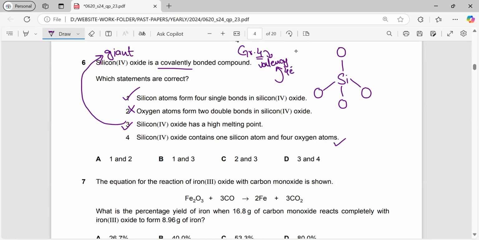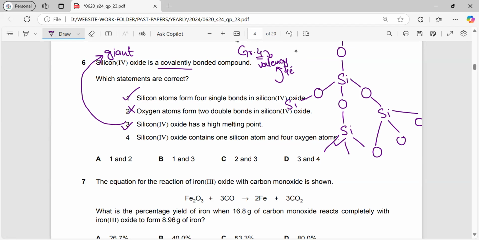So it not only contains 1 silicon and 4 oxygen atoms, but the structure keeps on continuing and growing. So each oxygen is combined with more silicon, and each silicon is again further combined with 4 oxygens. And the structure continues, making it a giant structure.